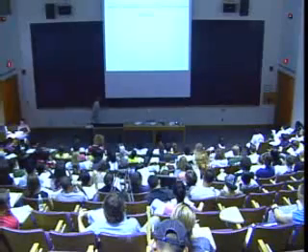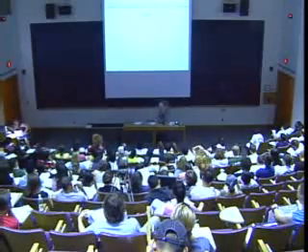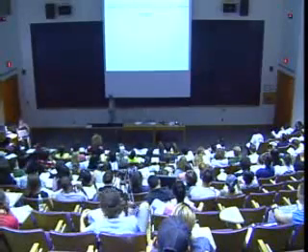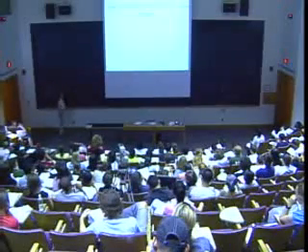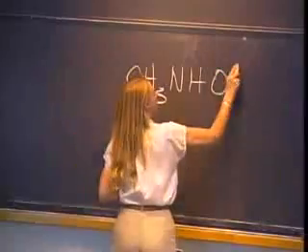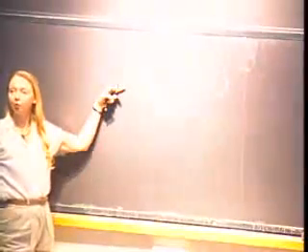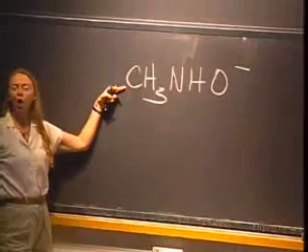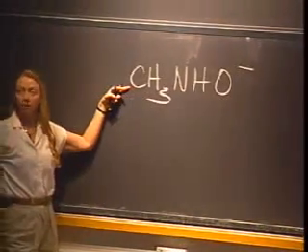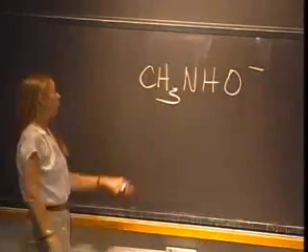Can I have some lights on the board here? All right, CH3 here, this is what we call a methyl group. It is always terminal, since the hydrogens are always terminal.